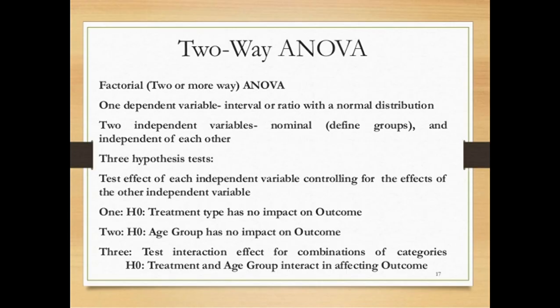Two: H0, the age group has no impact on outcome. Three: test interaction effects for combinations of categories, H0, treatment and age group interact in affecting outcome. You can go through books, different articles and authentic sites to learn about two-way ANOVA.